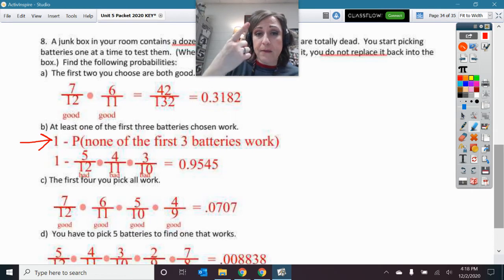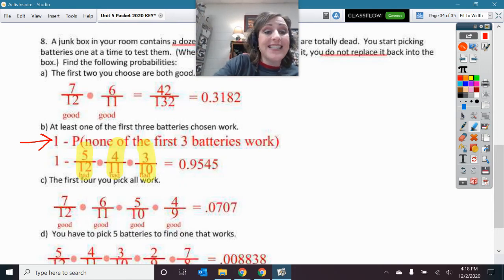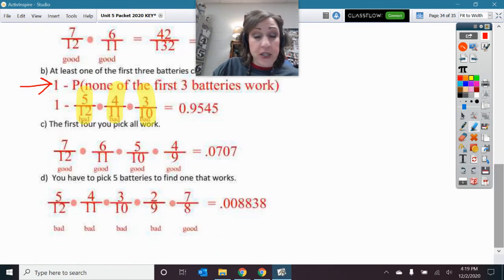Here comes the bad battery after another bad battery after another bad battery. 5 out of 12. And then 4 left out of 11 in the drawer. And then 3 left out of the 10. So that's all 3 batteries are bad. So do 1 minus that, and that gives you the probability that at least one of the first 3 batteries works. What's the probability at least one of the first 3 batteries works?